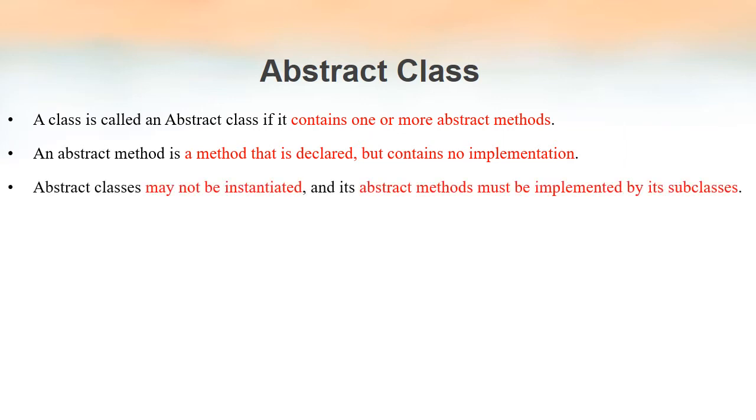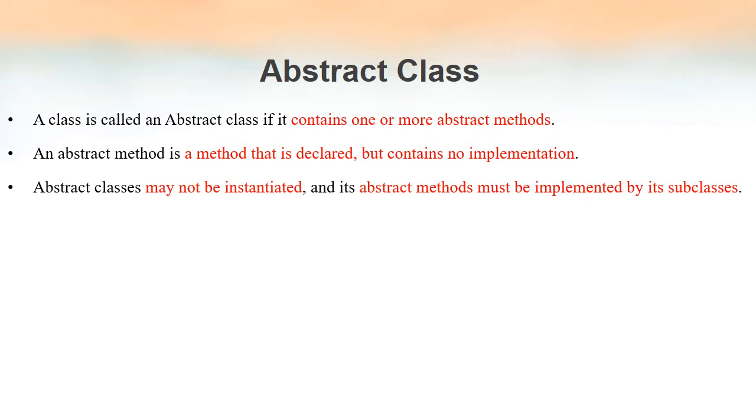So what's the need of an abstract class? When we use an abstract class, we cannot create objects of that class. That is what we mean by instantiated. That means abstract classes cannot be instantiated, and all the subclasses, that means all the classes which inherit this abstract class, are responsible to provide the implementation of all the abstract methods inside the abstract class.